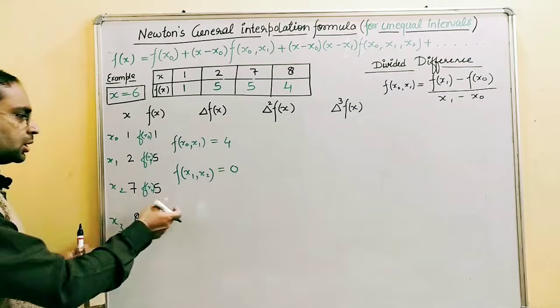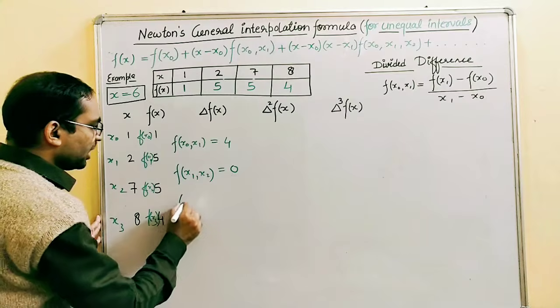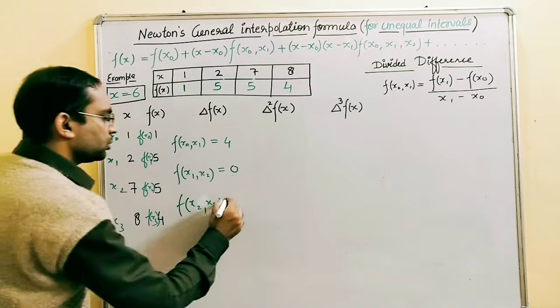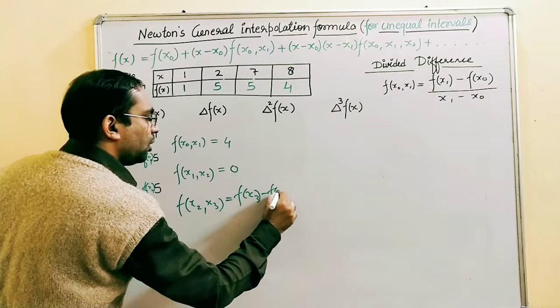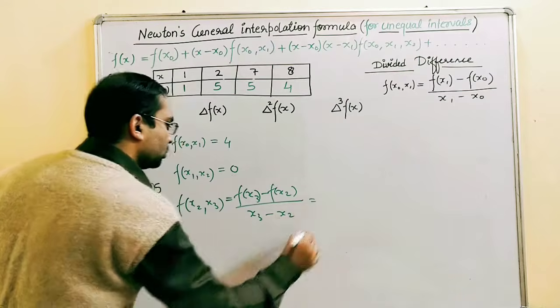Next, in the same column, the next divided difference will be f of x2 comma x3. This will be f of x3 minus f of x2 divided by x3 minus x2.